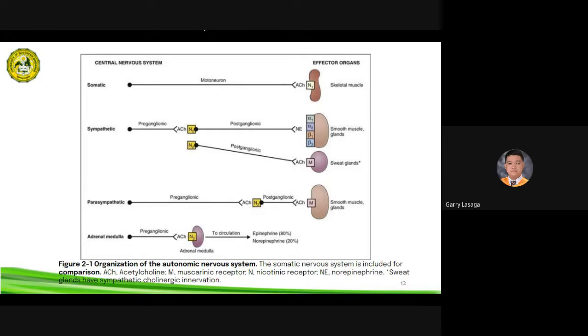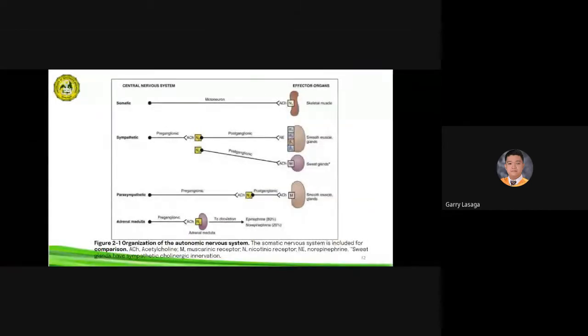These receptors, so take note that our acetylcholine here will act on N2. So N2 here refers to the nicotinic receptor, and this receptor is a cholinergic receptor. We also have here the postganglionic nerve of our sympathetic nervous system that will act on the muscarinic receptor of our sweat glands.